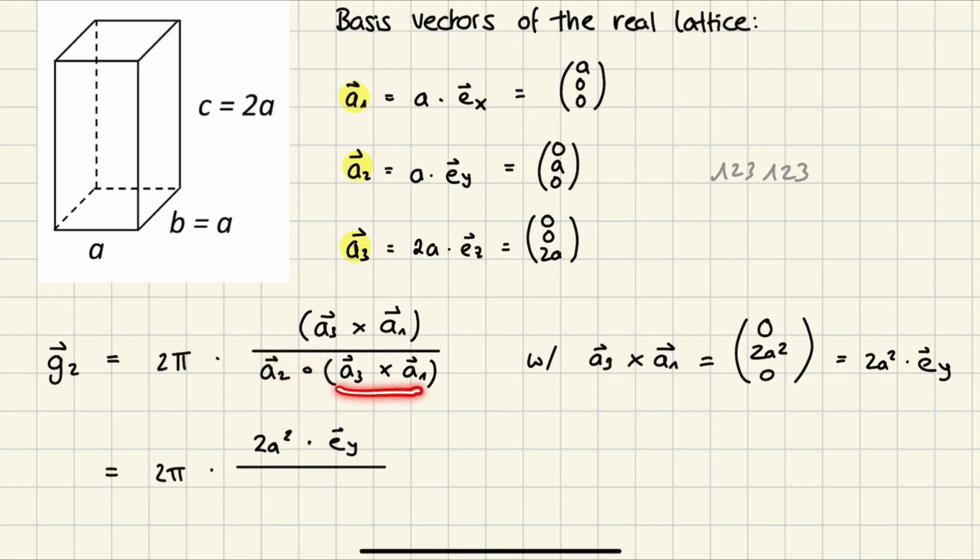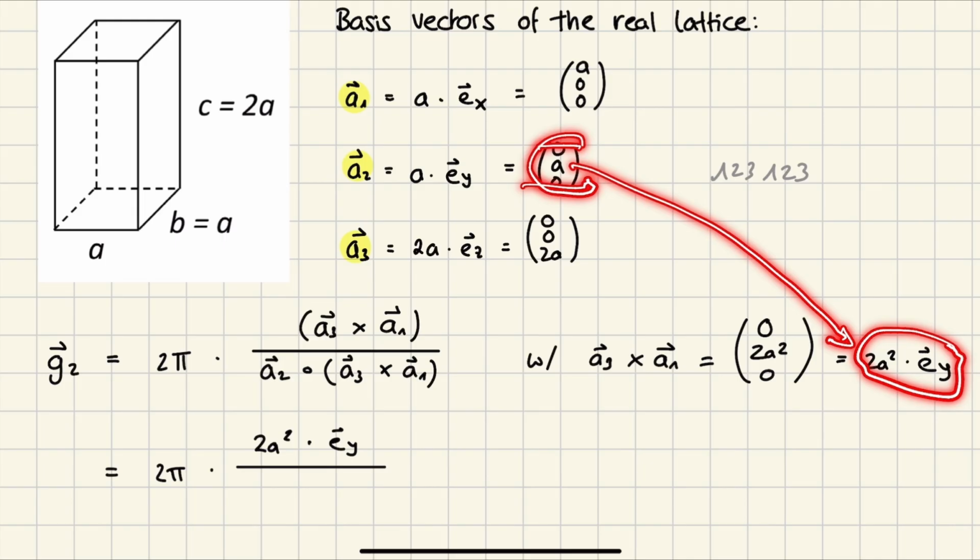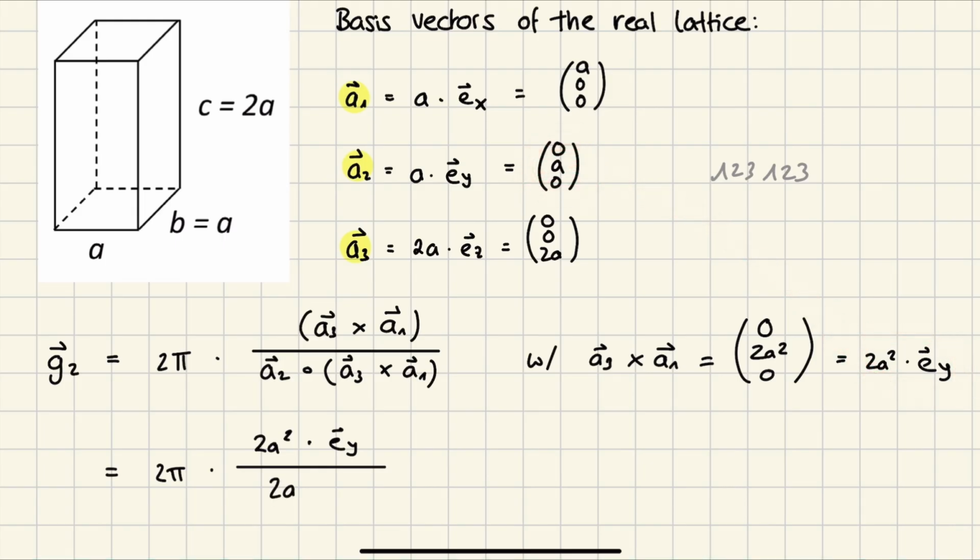The result of our cross product is this right here, and now we have to multiply this as a dot product with a2. The x component and the z component are 0 anyway, so we can just multiply a to this right here, which gives us 2a to the third power again. We can cancel in the exact same way as before, and for g2 we are left with 2π over a times the unit vector in the y direction, aka 2π over a times j hat.